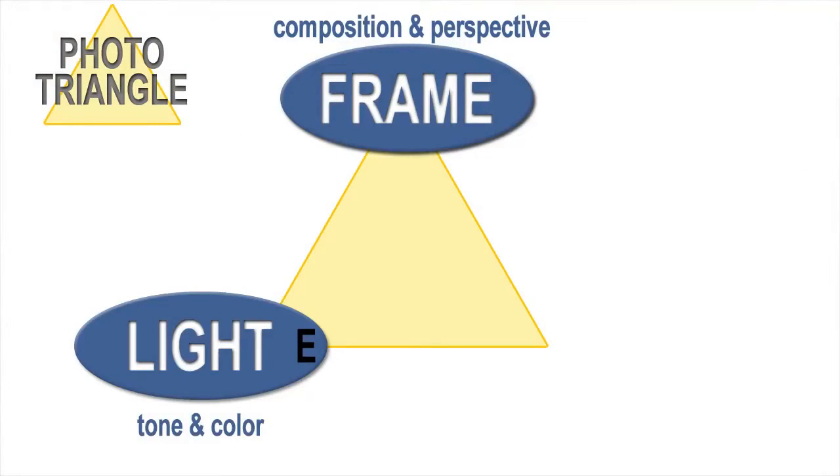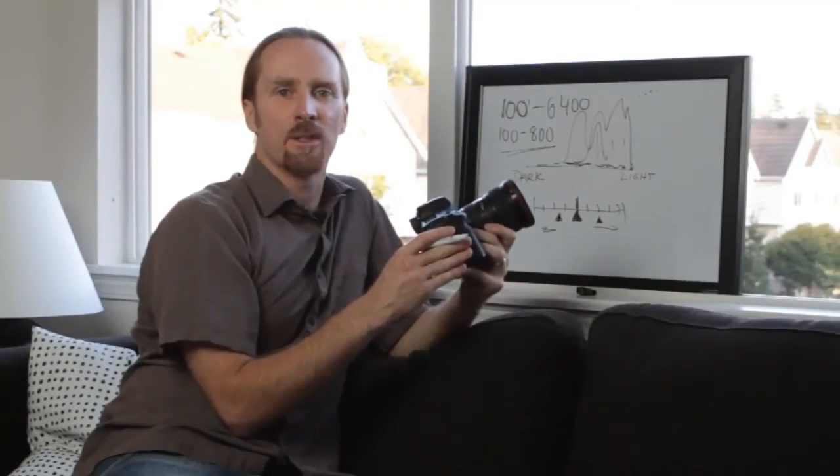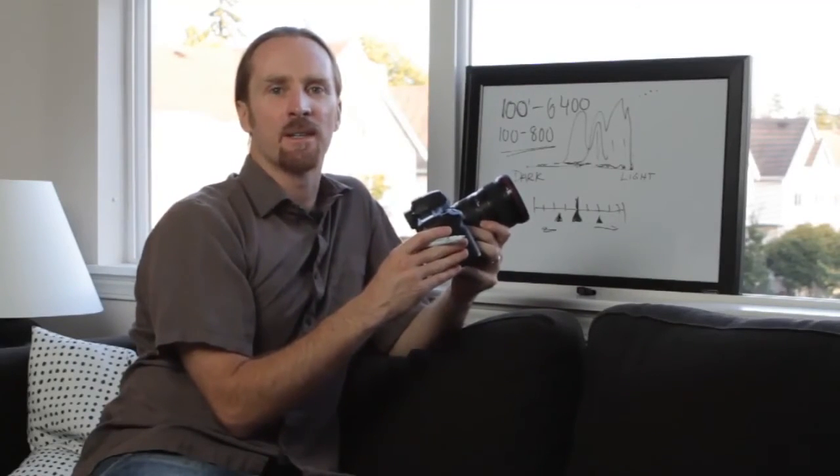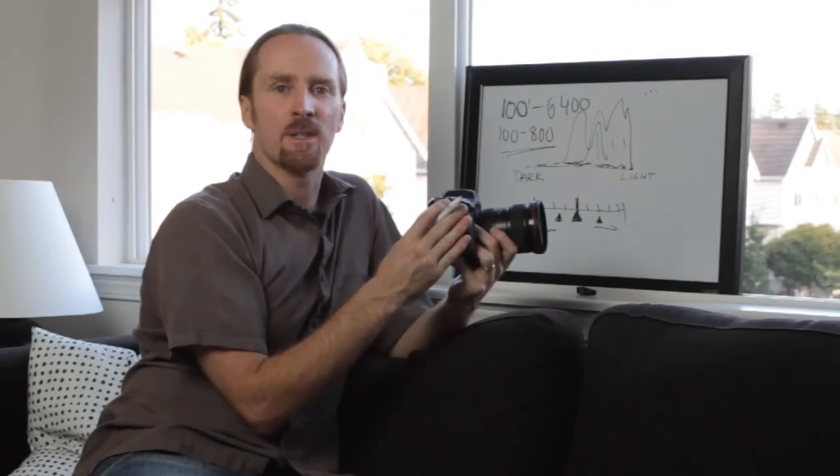The key settings for that are the sensitivity of the sensor or the ISO, the aperture, and the shutter speed. In the next video we'll go into aperture, which is a real key value for exposure and has some really interesting effects on your images that are not just related to light levels.